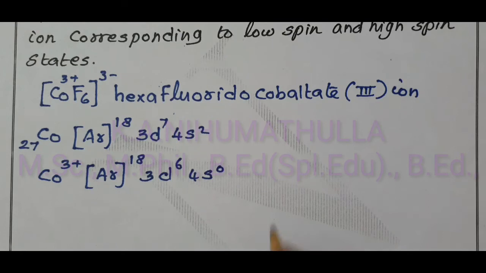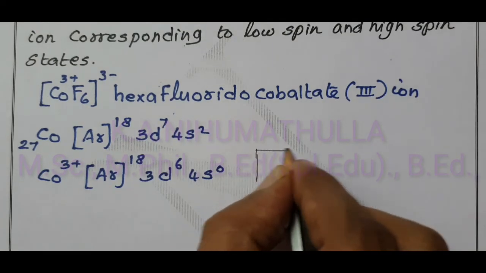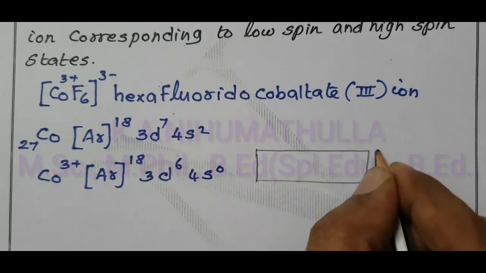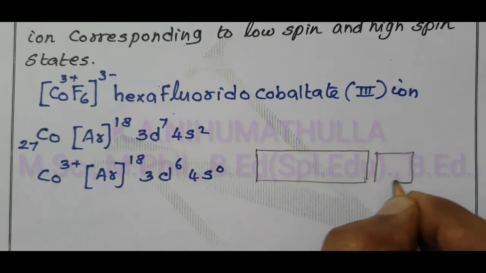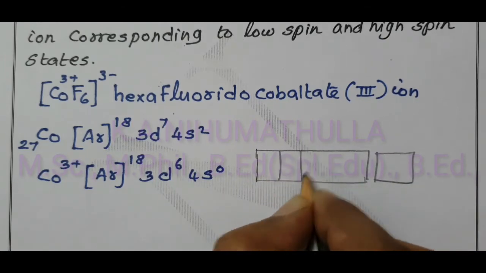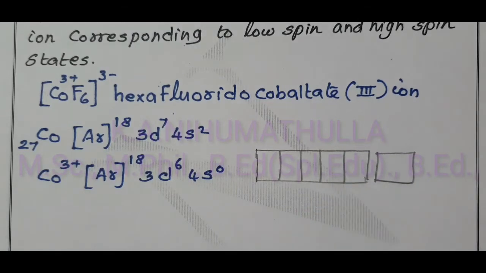6 electrons. In an ordinary isotropic field, also called the barycenter, the 3d orbitals are dxy, dyz, dzx, dx squared minus y squared, and dz squared.